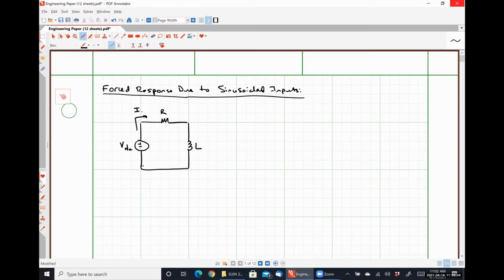Based on your level of circuit analysis knowledge, what should my forced response here be? Not remotely a trick question. What is I in this circuit? VDC over R, absolutely right.